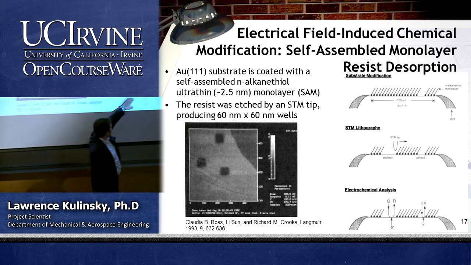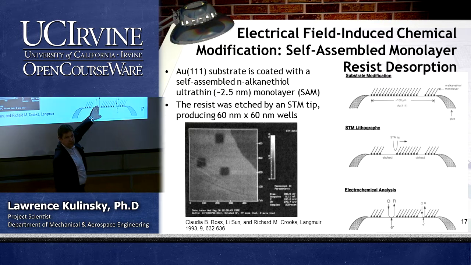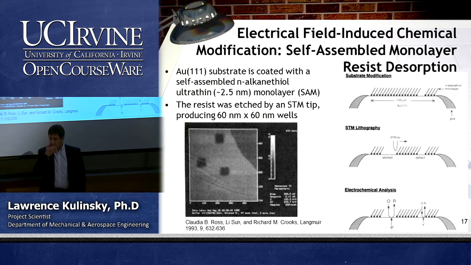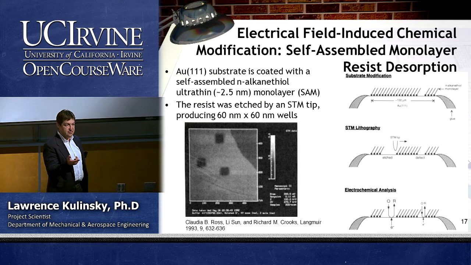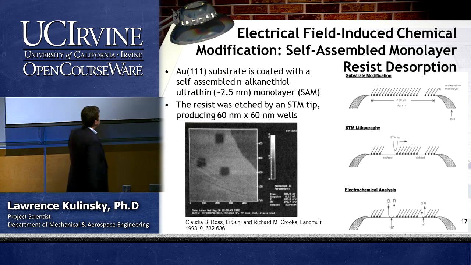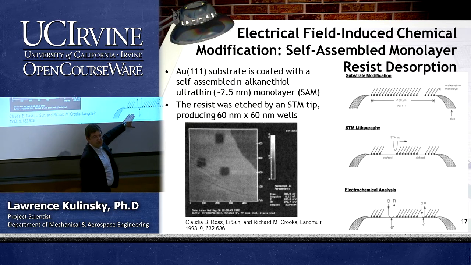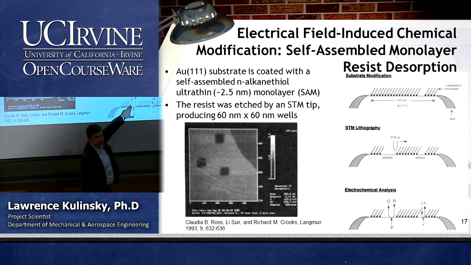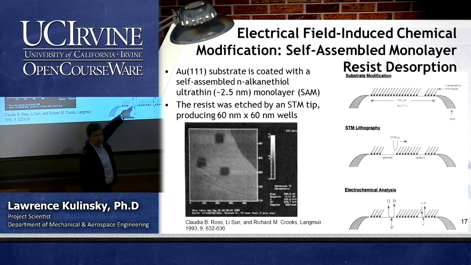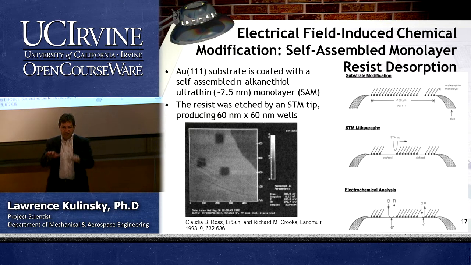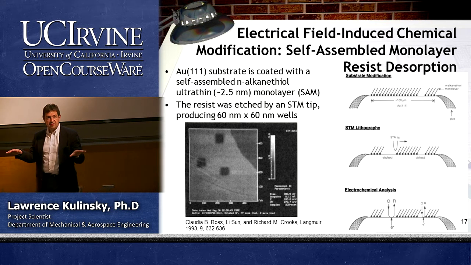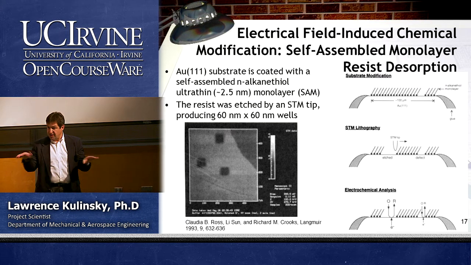And how do you know if you actually have a window where you took your monolayer off? In order to confirm that you have a window, you conduct an electrochemical analysis, because at those places you will have a redox reaction, and at other places you will have no current, right?